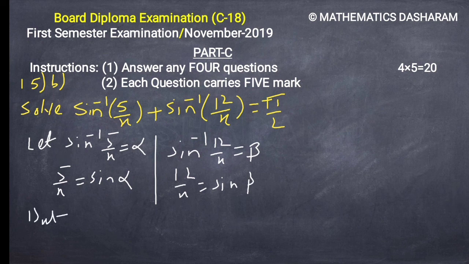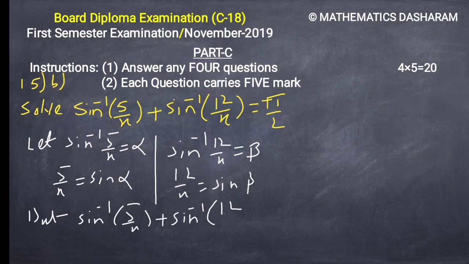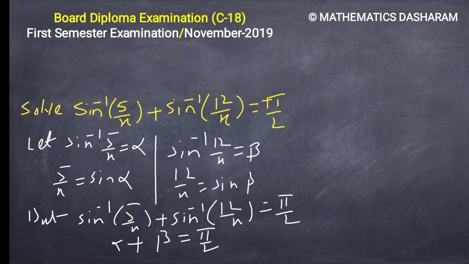But the question is given that sine inverse 5 by x plus sine inverse 12 by x equals to pi by 2. In this, sine inverse 5 by x means alpha, sine inverse 12 by x means beta. It is equals to pi by 2. So alpha equals to pi by 2 minus beta.